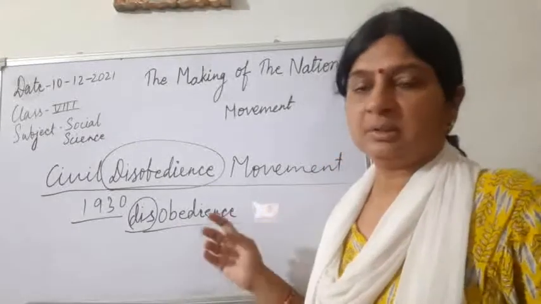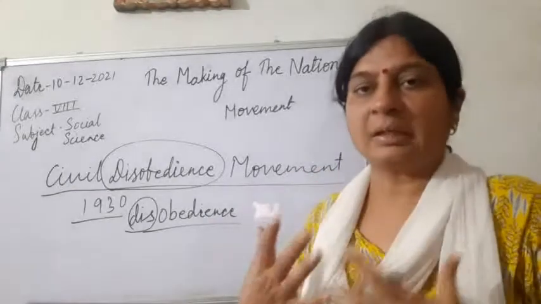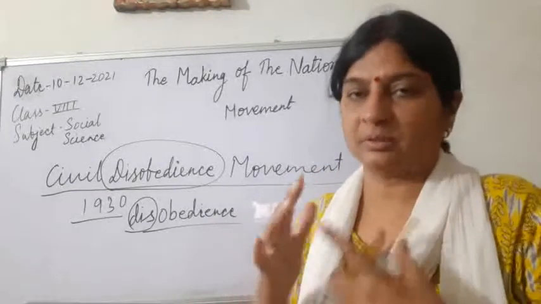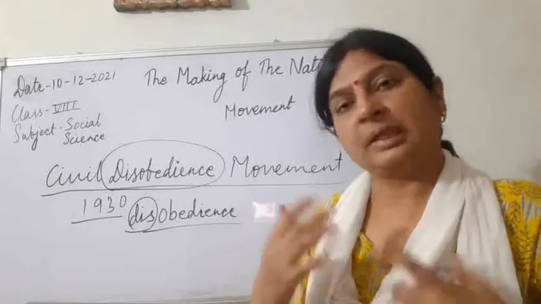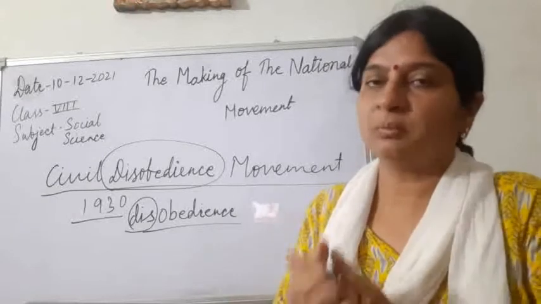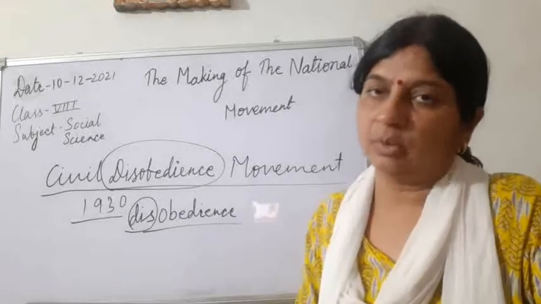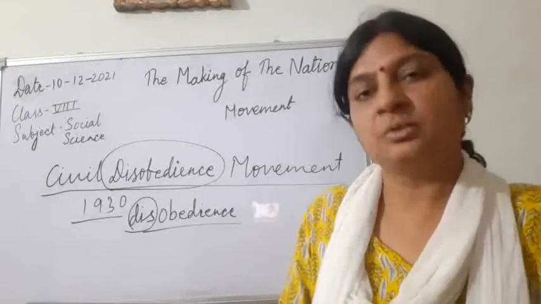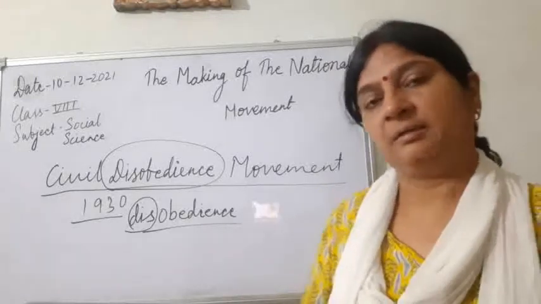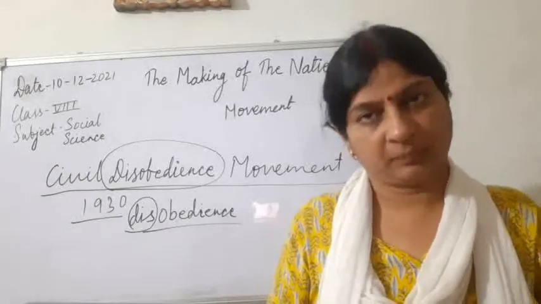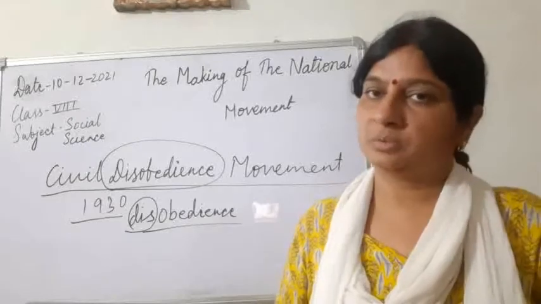So obedience is the process of following instructions. Disobedience is not following the rules, not following the laws, not to obey the rules and the laws of the land, not to defy the laws of the land. Defy means not to accept, not to follow.